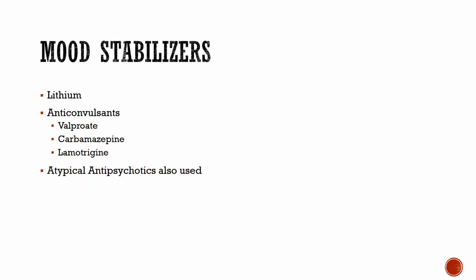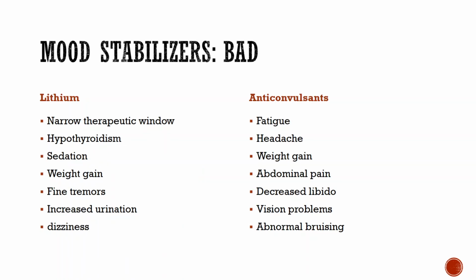So our mood stabilizers, right? We have our lithium, our anticonvulsants, such as valproate, our carbamazepine, and our lamotrigine. And then our atypical antipsychotics are also used as our mood stabilizers there. So what's bad about lithium?